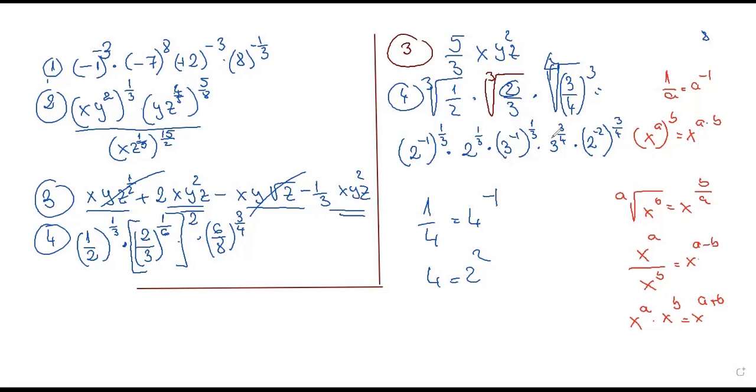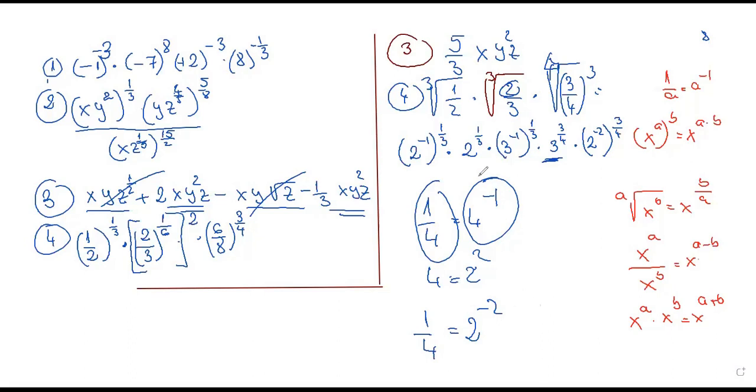Are you with me up to here? I think I understand them all now. So 4 in the denominator is 4 to the power of minus 1. But 4 is 2 to the power of 2, so 1 over 4 is 2 to the power of minus 2.